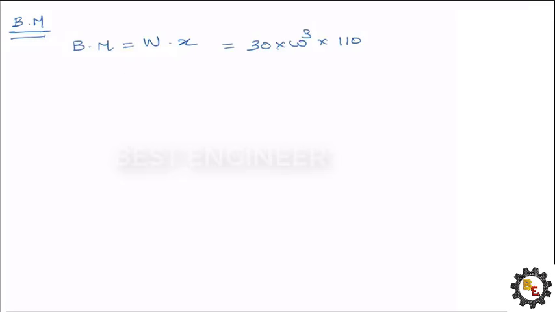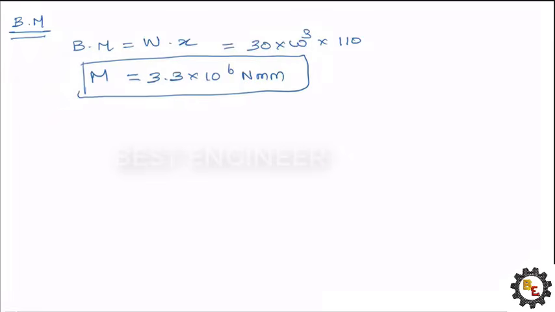Now we can find the bending moment because we found the location of the central axis. Bending moment equal W into X. We know that value: 30 kilonewton, 30 into 10 power 3, into 110 millimeter. So bending moment equal 3.3 into 10 power 6 Newton millimeter.